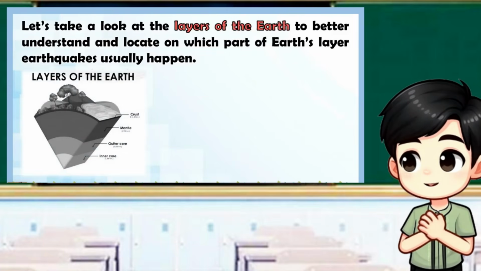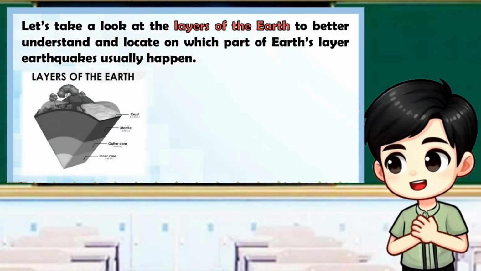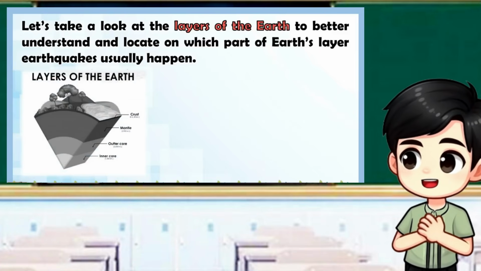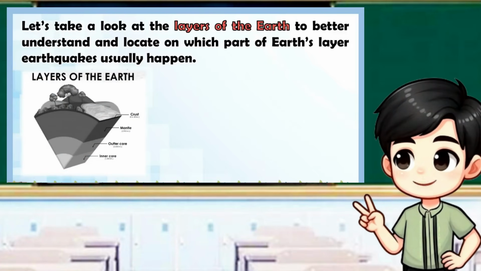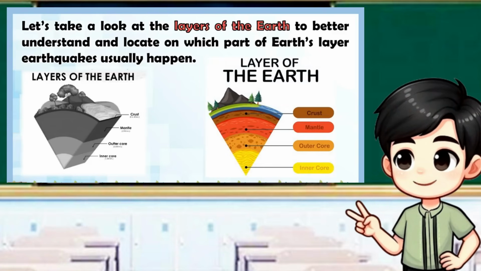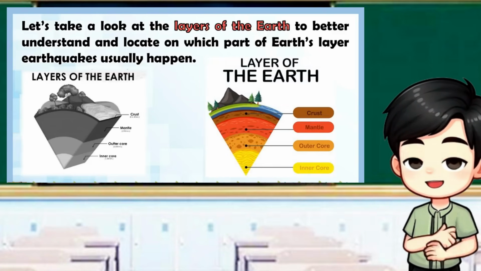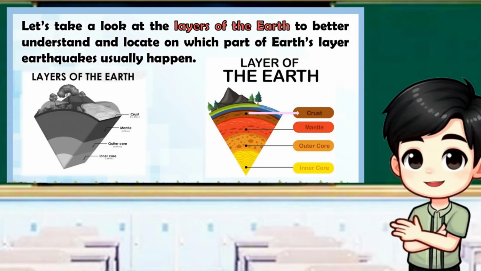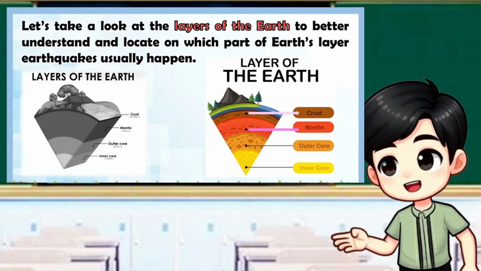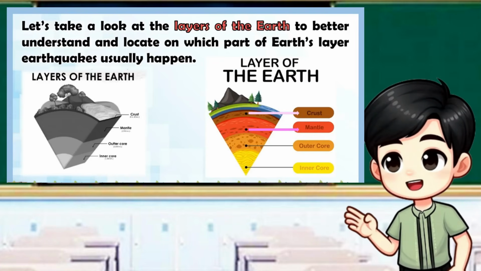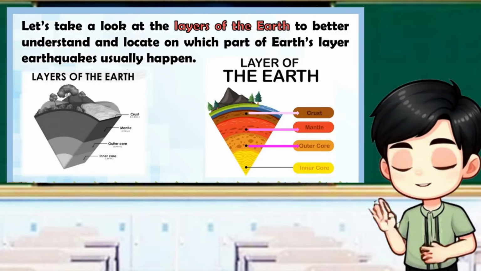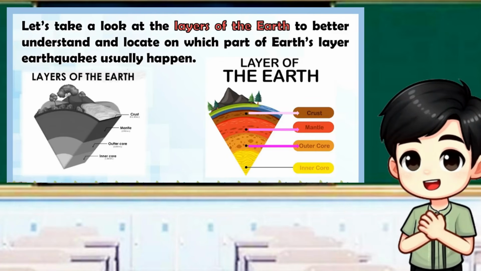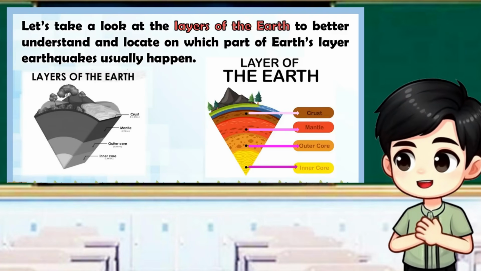Let's take a look at the layers of the Earth to better understand and locate in which part of the Earth's layers earthquakes usually happen. The layers of the Earth are: the first layer is called crust. Next to crust is the mantle. Next to mantle is the outer core. And next to outer core is the inner core.